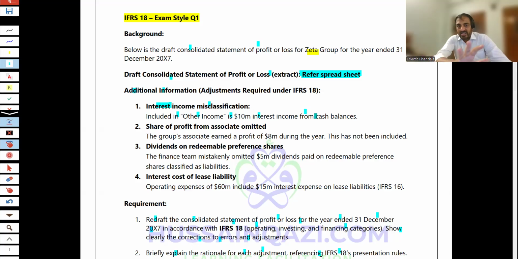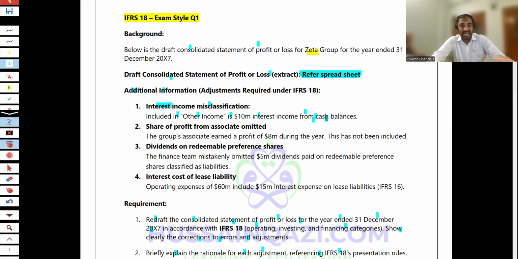This company, it's not mentioned what particular type of company it is. In an examination, definitely the examiner will mention it. We will assume that it's other than a bank or asset management company. So any interest income from cash or cash equivalents should be part of investing activity.